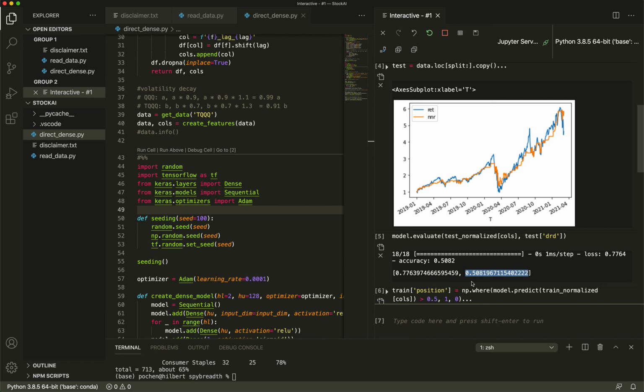which means that we are either making money or not losing money, right? When do we make money? When our prediction is that the next day price is going to go up and we have a long position, then we are going to make money, right? The other kind of correct prediction is that the next day price is going to go down and our position is short.